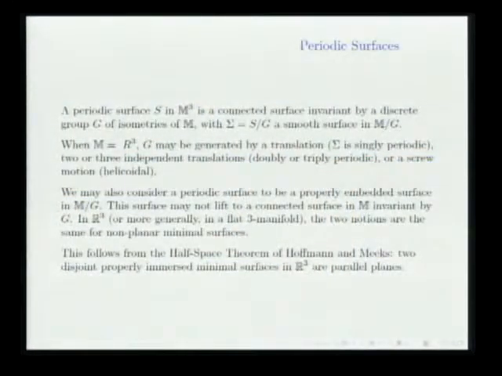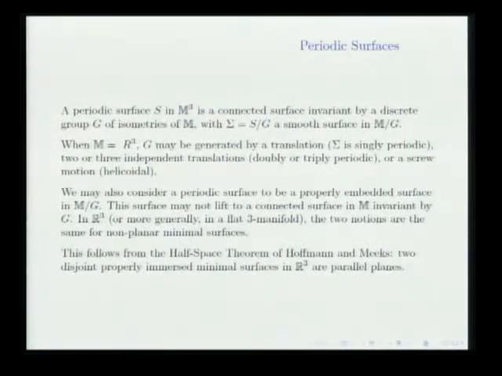There's another notion of periodic surface that's natural, and that's to consider an embedded surface in the quotient space M over G. So take some manifold, have a group act on it, suppose the quotient's a manifold, then you might ask, what are the embedded minimal surfaces in M over G? Or what are the embedded constant mean curvature surfaces in M over G?